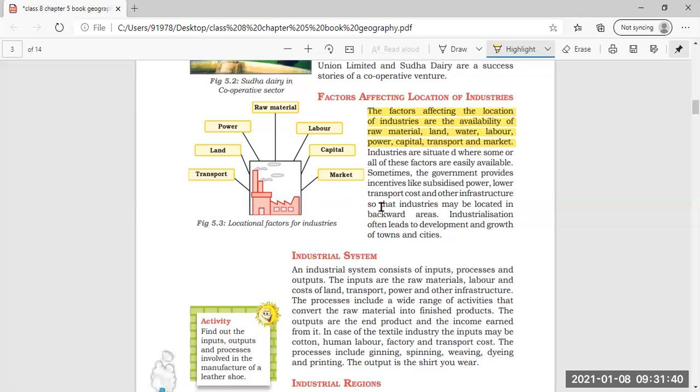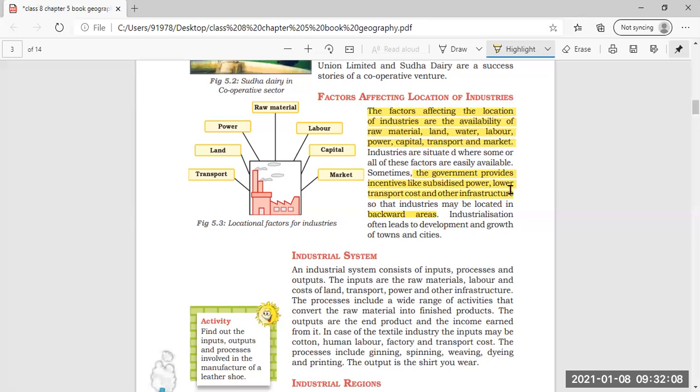Sometimes the government provides incentives like subsidized power, lower transport costs and other infrastructure so that industries may be located in the backward area. To locate an industry in a backward, remote area where less labor force is there and the area is not so developed, the government provides incentives.